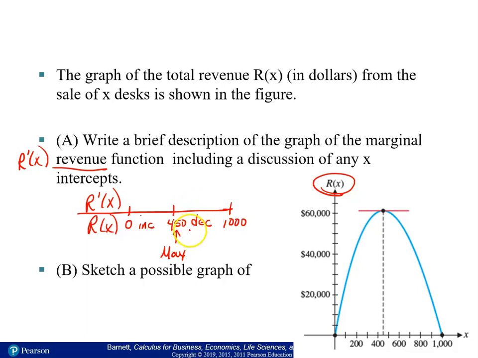If I'm going to translate all this into the first derivative, that means that if my original function is increasing, I have a positive first derivative, and then I have a negative first derivative from 450 to 1,000. R of X is the revenue from the sale of desks. So basically, we have a positive change in our revenue for the first 450 desks that we sell, and then we have a negative change in our revenue from 450 to 1,000.